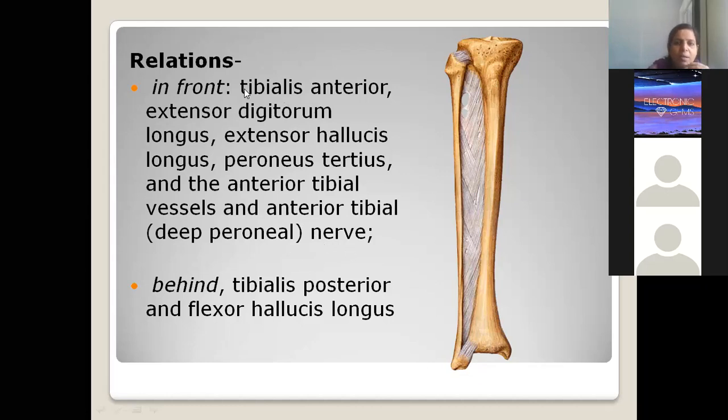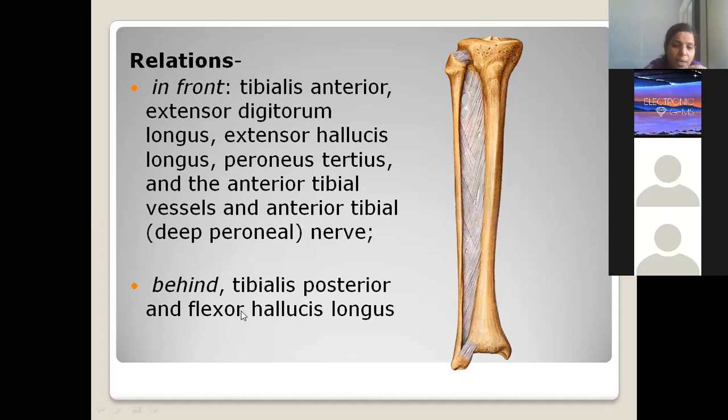The tibialis anterior. H is for extensor hallucis longus. Then R is the anterior tibial artery. N is the tibial nerve. Then retinaculum, peroneus tertius tendon also, isn't it? So those are all the structures you see in front of the leg. That's the reason you will find this in front of the interosseous membrane.